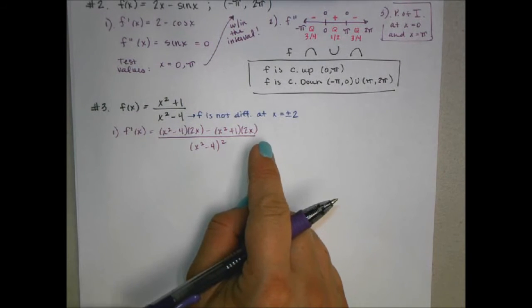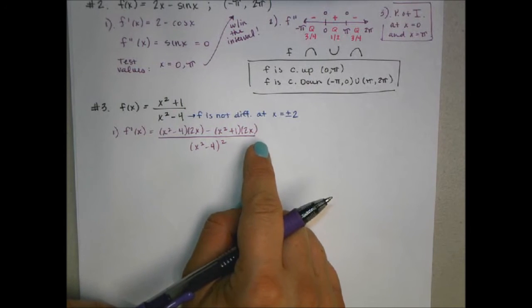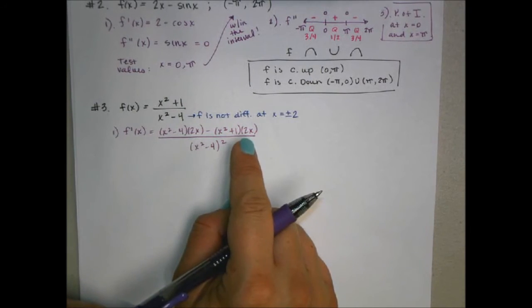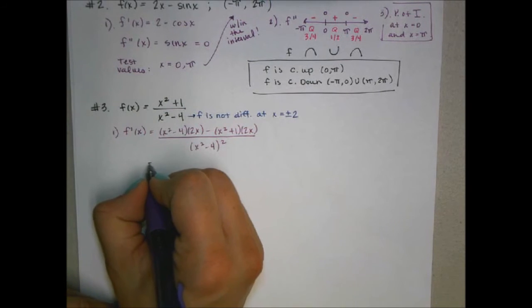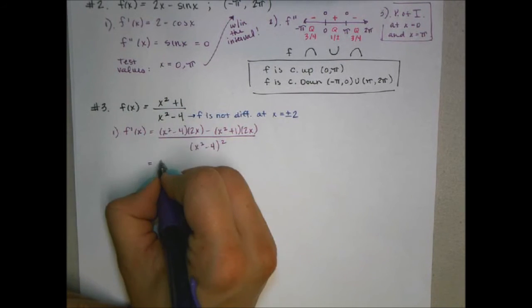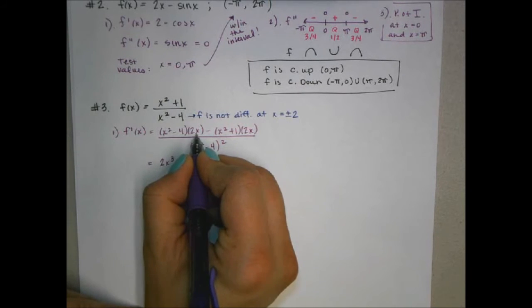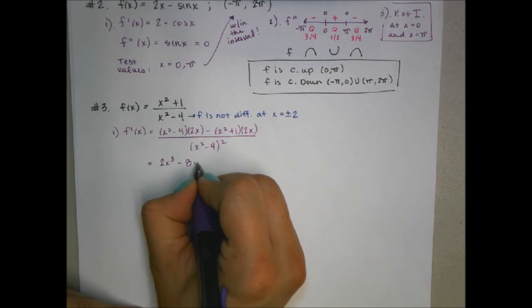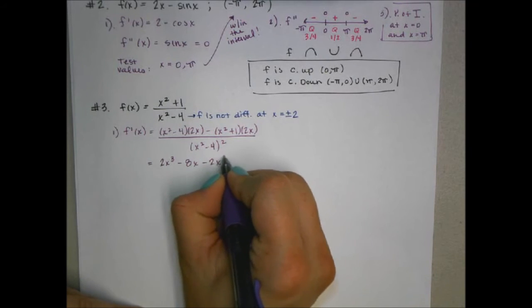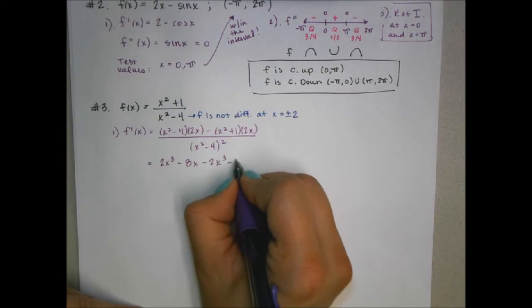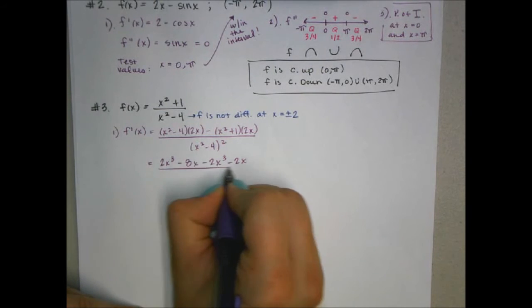So let's see, we could factor out a 2x, but we might just want to go ahead and multiply everything out and combine our like terms that way. So that's 2x cubed minus 8x, then minus 2x cubed minus 2x. So that worked out pretty nicely there.